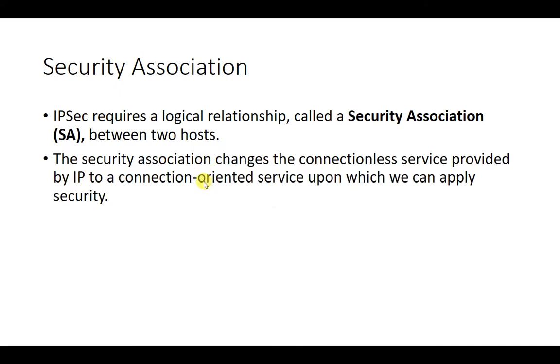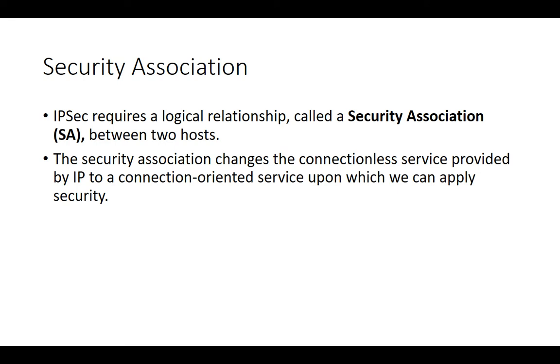A security association means that IP security requires a logical relationship, called a security association, between two hosts. This is nothing but a logical relation provided between two hosts who want to communicate. Here you can assume the two hosts are the S node and the R node.